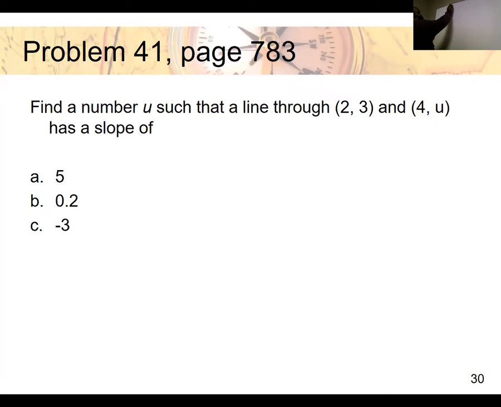So we got the ordered pair 2, 3, and 4 with some number u, which is what we're trying to find. And in part A, we want to find out what that u is if we were given a slope of 5. So I'm going to say m is equal to 5.